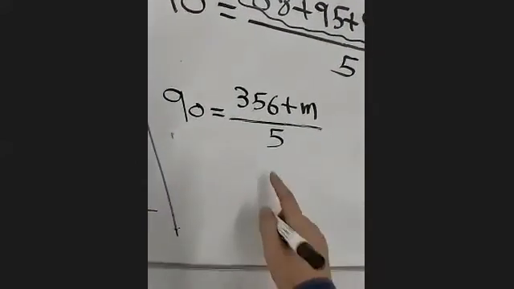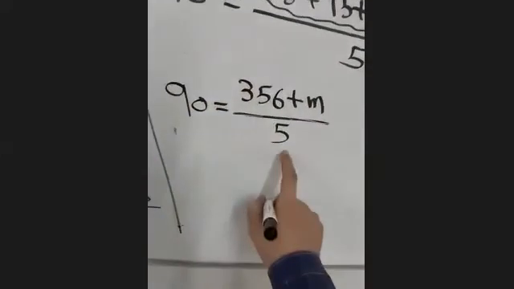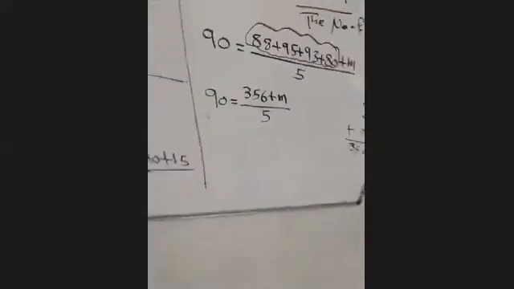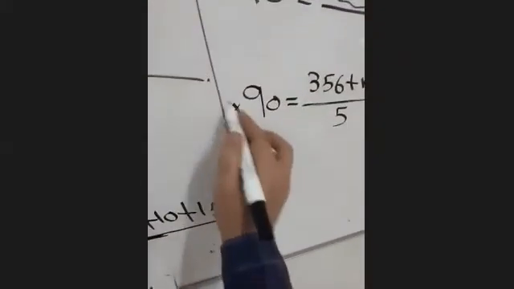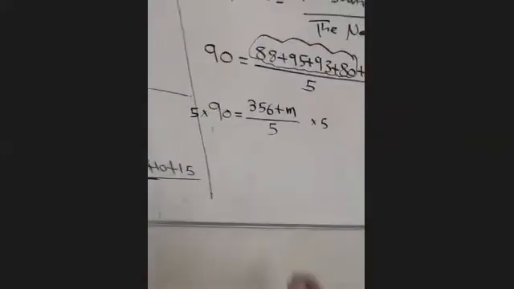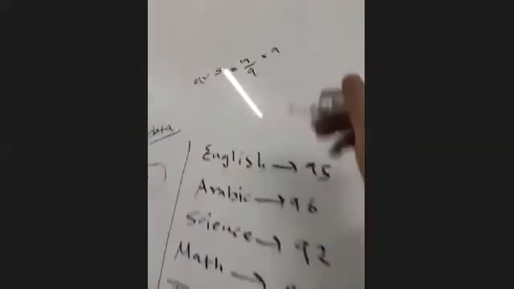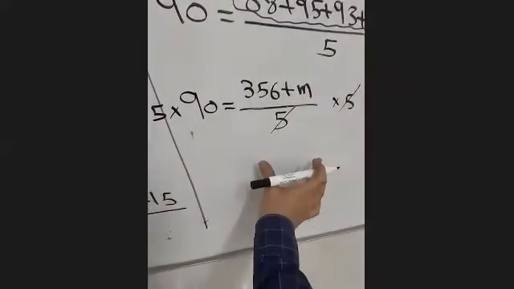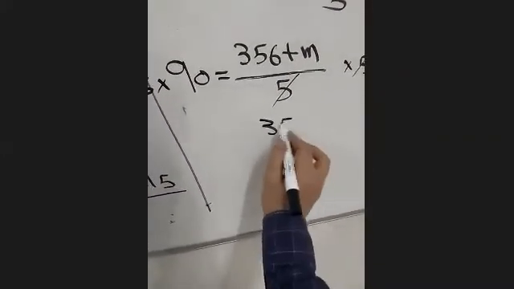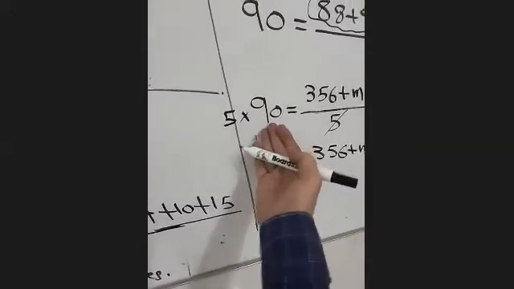So the first step, let's get rid of this 5 by multiplying both sides by 5. Now the 5s here are gone, like when we crossed the 9s. So we have 356 plus M equals 90 multiplied by 5.